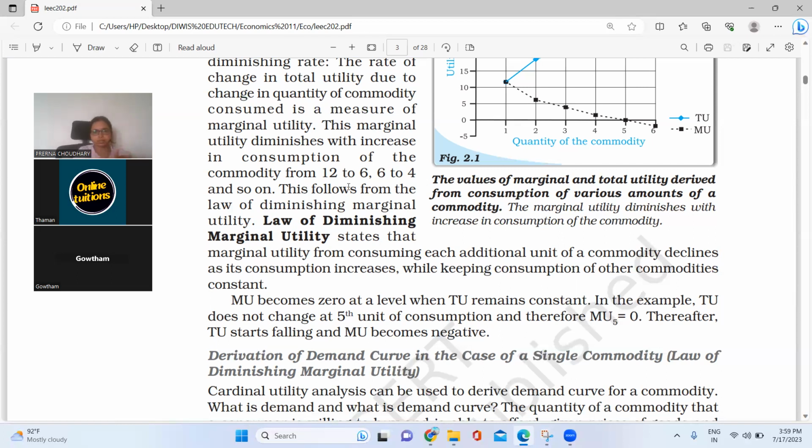So it is saying that MU will be zero when TU remains constant, or at its highest point. In this example, at the fifth unit MU was zero, so TU was constant, 24. Thereafter TU starts falling and MU becomes negative. That's it.